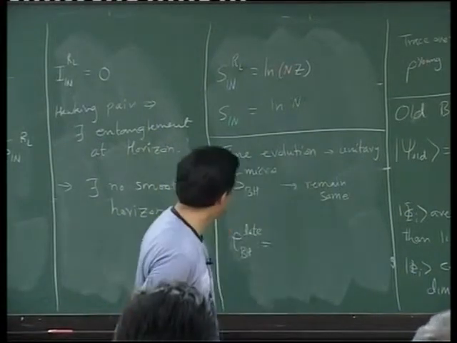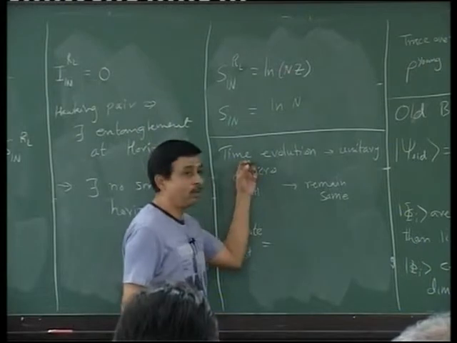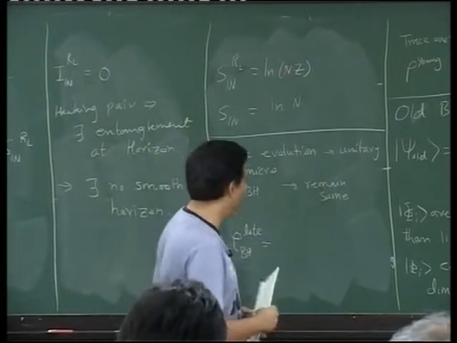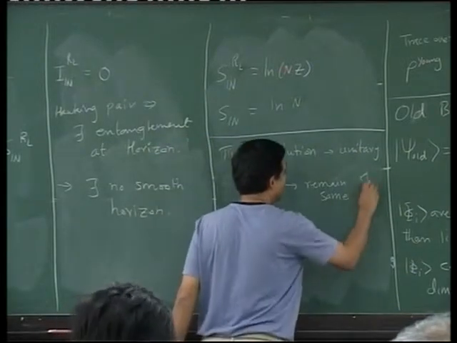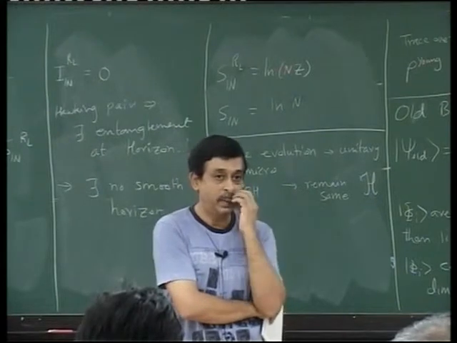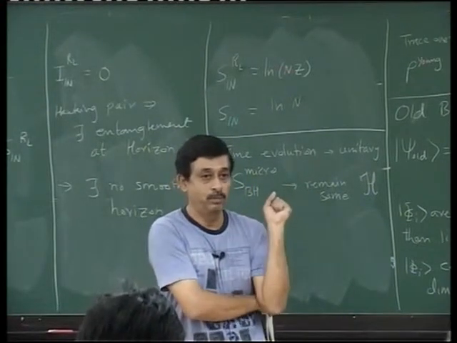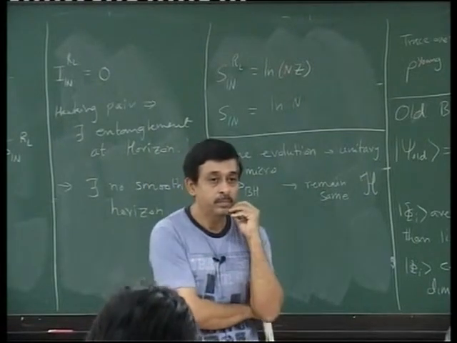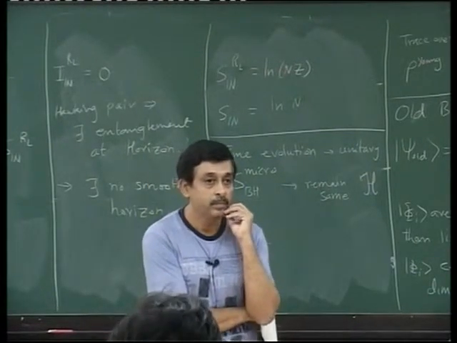Sorry, I didn't understand. In the sense that you are evolving every macro state of the black hole, right? So in the full Hilbert space, the number of states are not being lost. That is what you mean by unitary evolution, right? So you're just saying the dimension, isn't that right? How is S BH micro being defined?